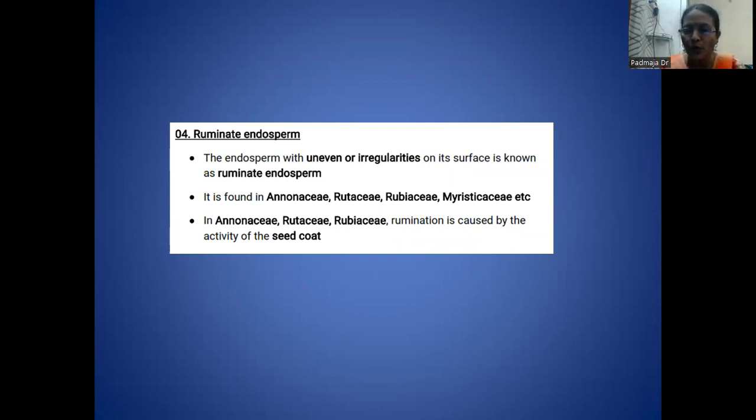For example, if you cut the seeds of the custard apple, in those seeds we can clearly see the ruminate type of endosperm. In Annonaceae, Rutaceae, Rubiaceae, rumination is caused by the activity of the seed coat.